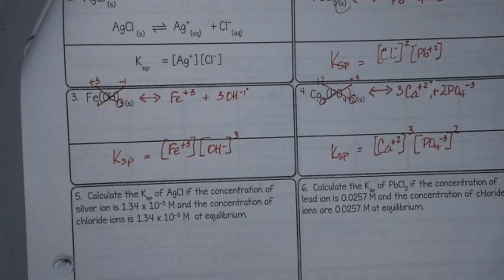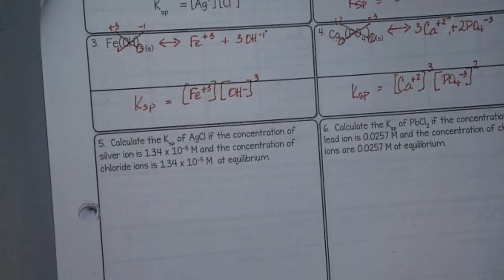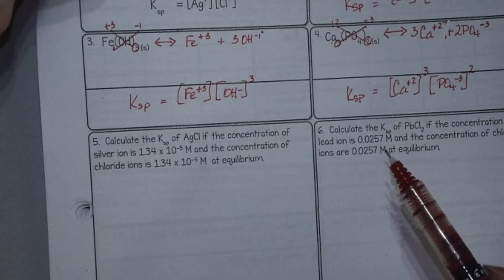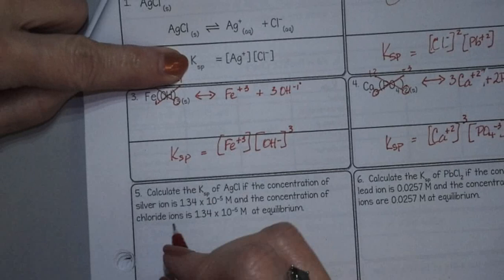Okay, so look at number 5. Calculate the KSP of AgCl if the concentration of the silver ion is 1.34 times 10 to the negative 5 molarity and the concentration of the chloride ion is 1.34 times 10 to the negative 5. We already have the equilibrium expression up here written down. Is this silver chloride? So I'm not going to write it again. I'm just going to use my equilibrium expression that's up here.